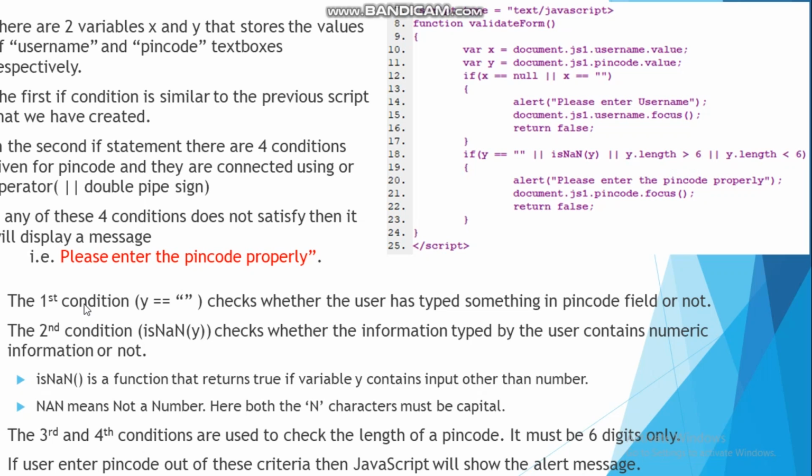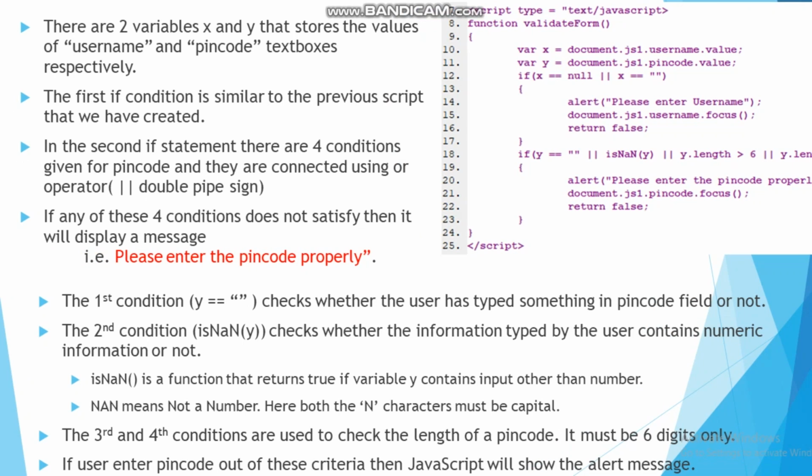Now we will see these conditions one by one. The first condition, y equal to double inverted comma, checks whether the user has typed something in the pincode field or not. The second condition, isNaN(y), checks whether the information typed by the user contains numeric information or not. Here remember, isNaN is a function.